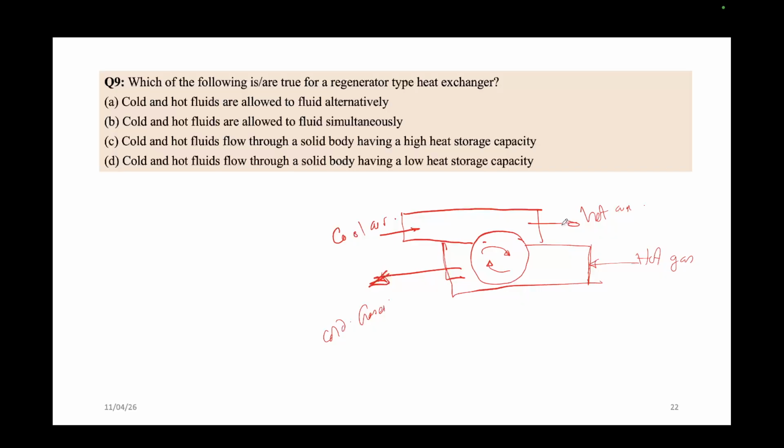But here, if the hot gas is releasing 1 degree of heat, it will not instantly transfer to this cold air. It will take some time to convert. So that is another difference. Try to answer this one.